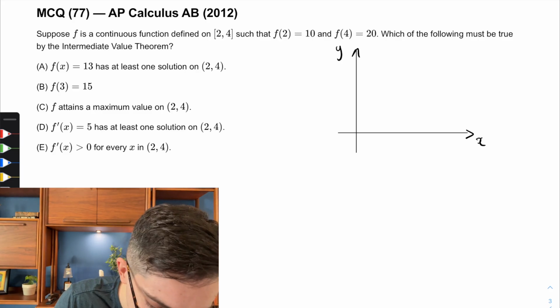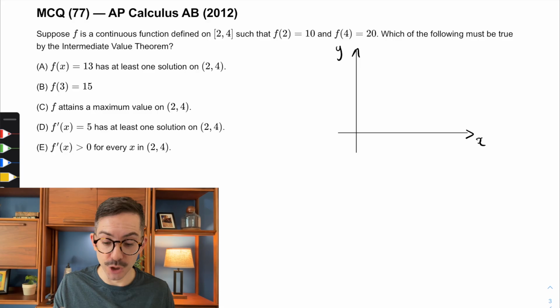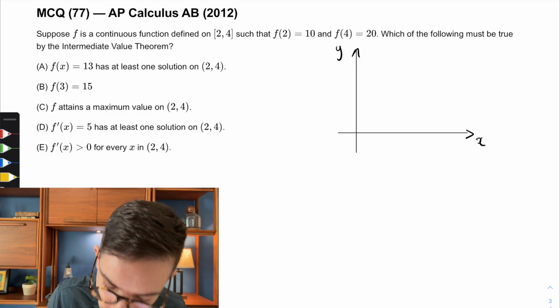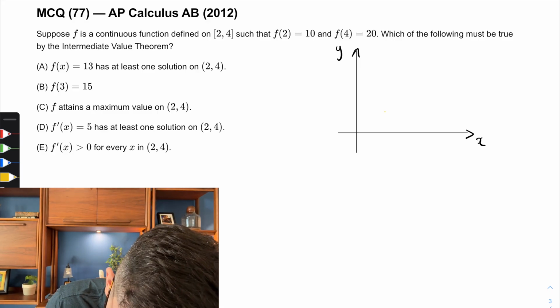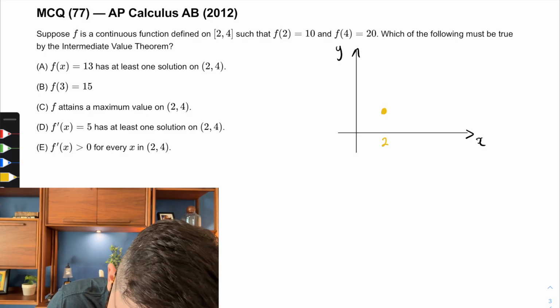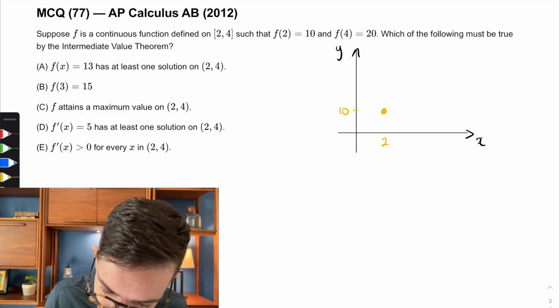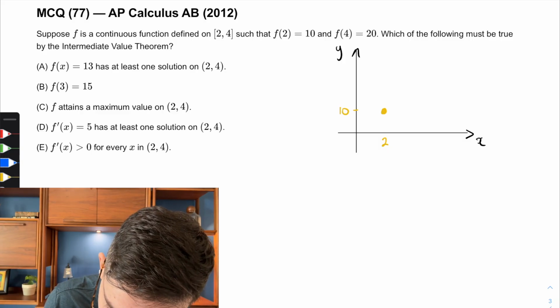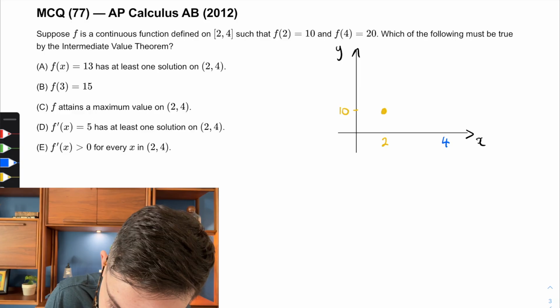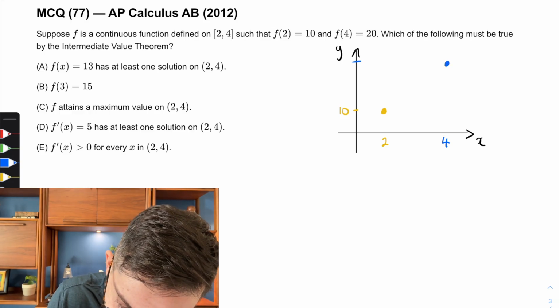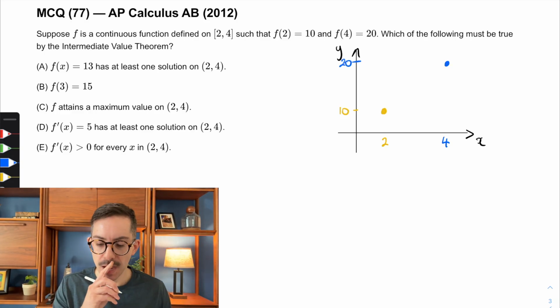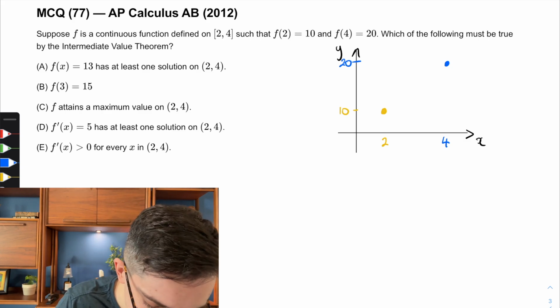Okay, so I'm told this function is defined on the closed interval 2 up to 4, and it's a continuous function, and at x equals 2, my function takes the value 10, and at x equals 4, my function takes the value 20. Okay. Now, what does the intermediate value theorem tell me?